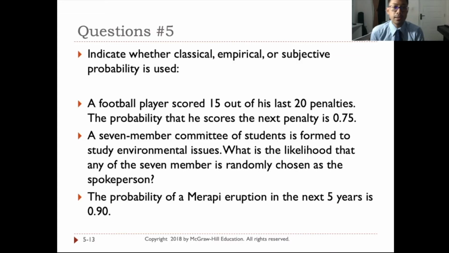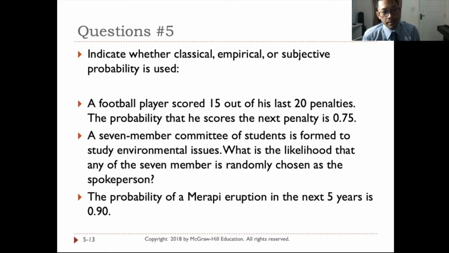All right. So let's get into examples of whether the following is a classical, empirical, or subjective. So football player scored 15 out of his last 20 penalties, and so the probability that he scores the next penalty is 0.75. Well, in this case, it's actually the empirical, because it's the number of success divided by the number of attempts. Okay.